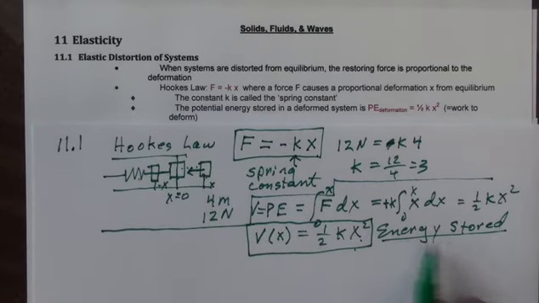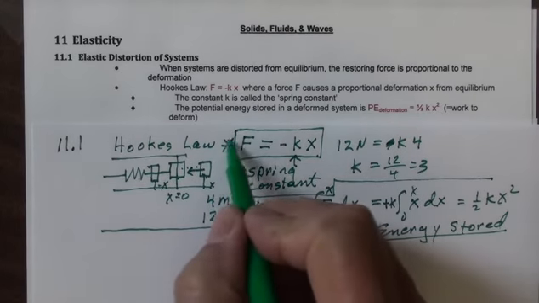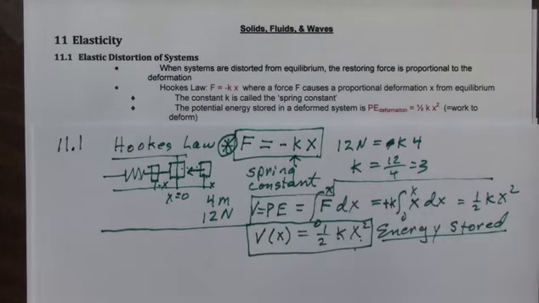You have stored very little energy in it and you have done very little. If you push it twice as far, you'll do 4 times the work because it depends upon x squared. If you do 4 times the distance, then you do 16 times as much each time. So these are the two critical equations that we have: the force and the amount of energy that we store in the spring.